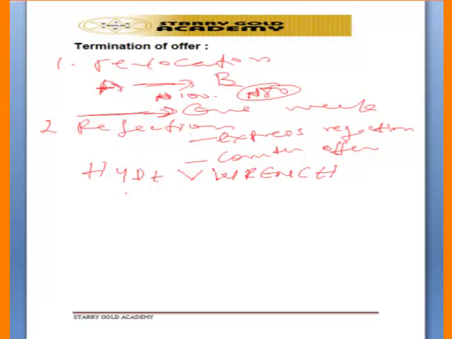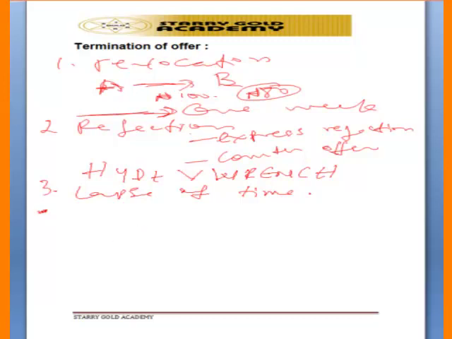And also we have number 3, lapse of time. Lapse of time means that if the offeror promised to leave the offer open for a particular time, then the offer terminates after that period. If the offer is to be open for 1 week, then after that 1 week, the offer lapses.